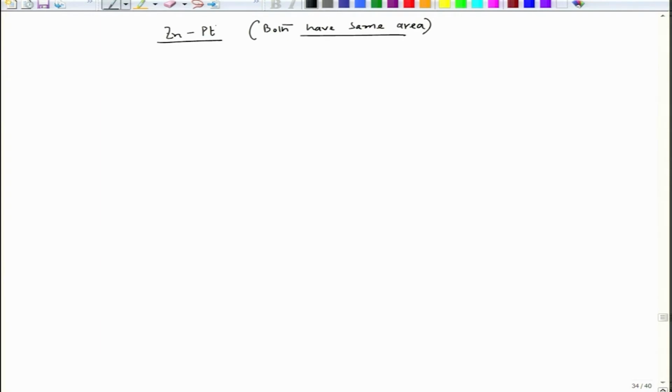We will see that if the area of platinum, let us say A platinum, and this area is A zinc, in case A platinum is greater than A zinc, the corrosion rate of zinc increases. If A platinum is smaller, the corrosion rate of zinc decreases. So we will see that effect. Initially we are considering a situation where both have the same area.